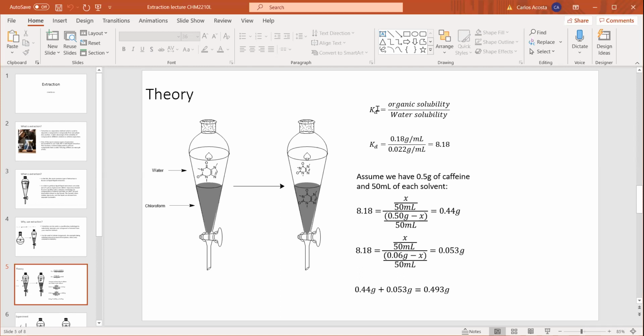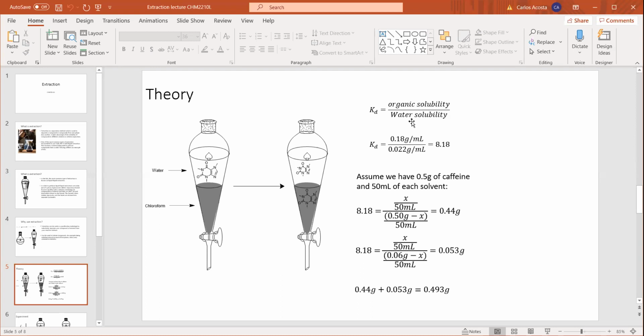So we use what's called a partition coefficient to calculate this. It's a distribution coefficient, KD, and this is calculated by finding the solubility of your compound of interest in the organic layer and dividing it by the solubility of your compound of interest in the water layer, or the aqueous layer.